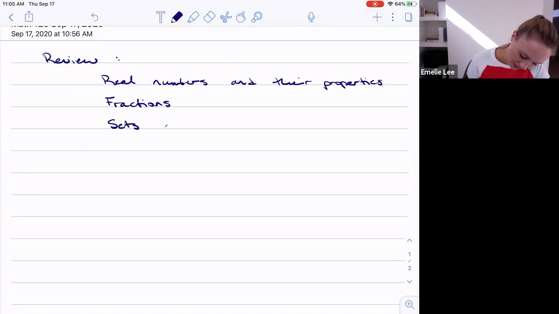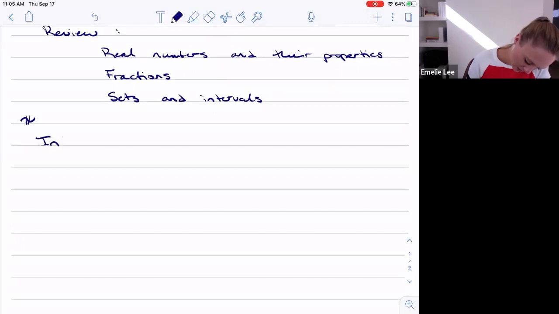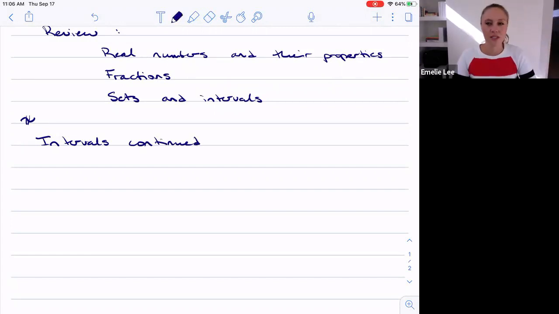that's where we're picking up today. So sets and intervals, and that's kind of where we ended last day. So I'll say intervals continued.